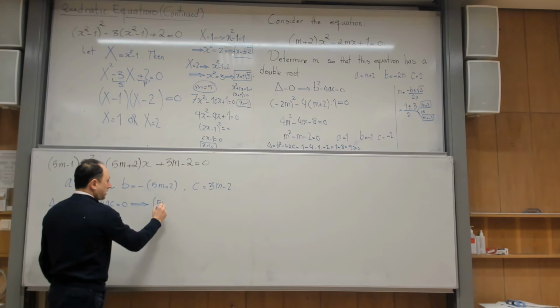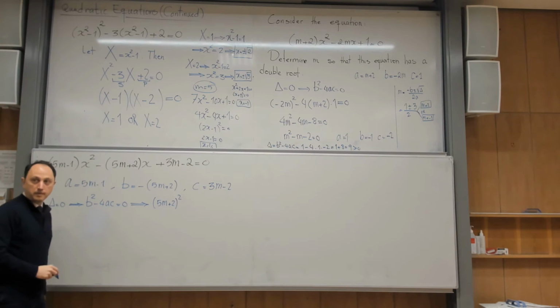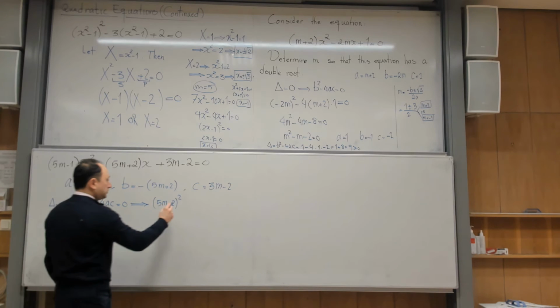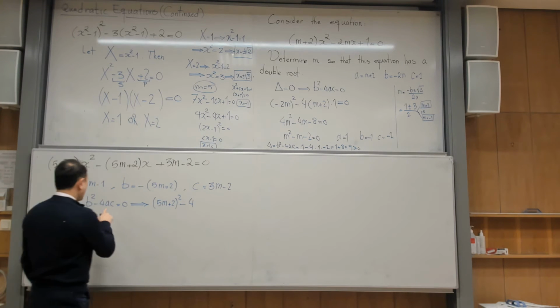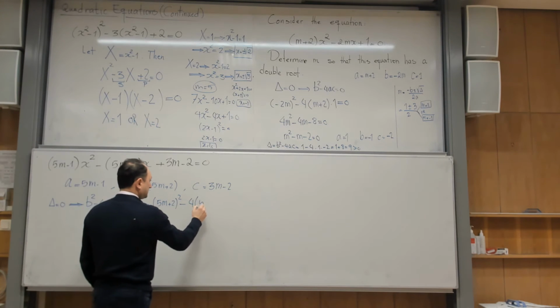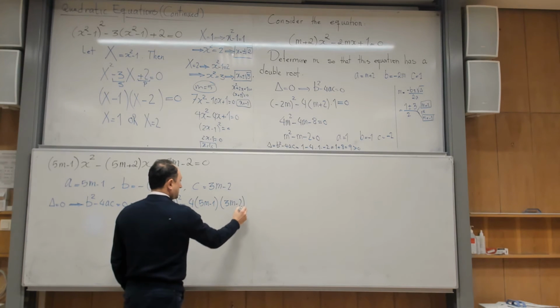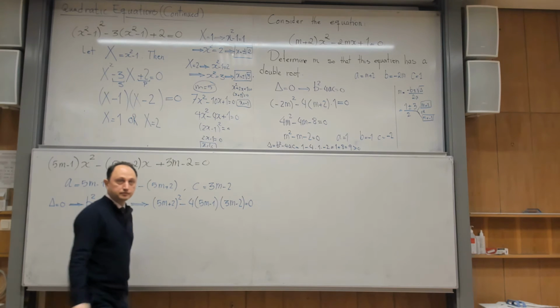And I will get 5m plus 2 squared. Yes? And then I have minus 4, multiplied by a, the whole package. Multiplied by c, the whole package. This is supposed to be 0.